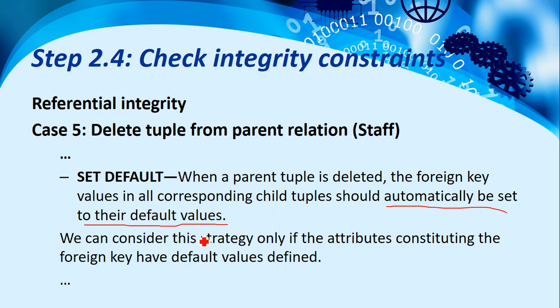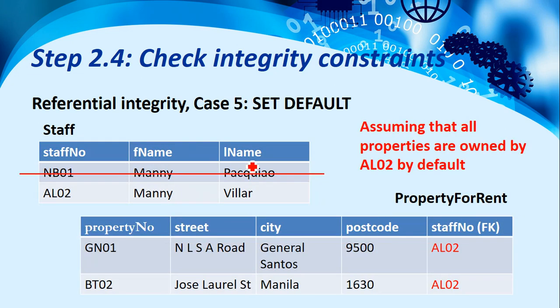For example, if we delete Manny Pacquiao, and let's assume that all properties are owned by Manny Villar by default, then the original value NB01 will be replaced by AL02, since let's assume this is the default value.